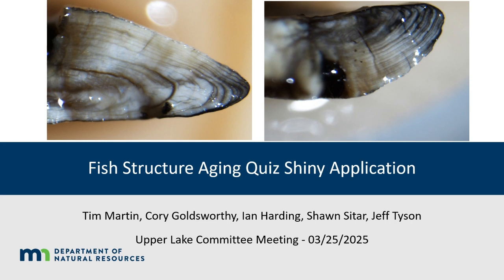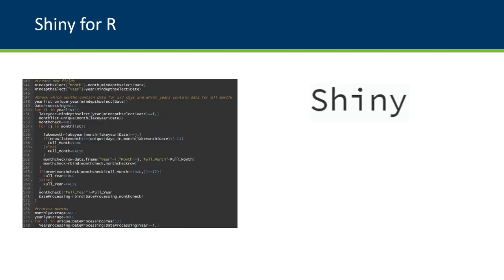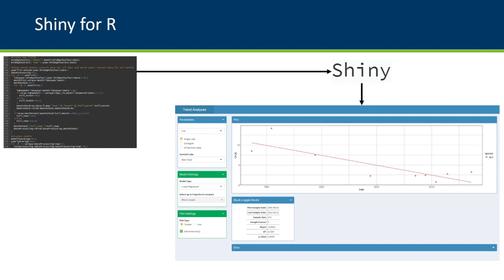I'll talk about what I've used for making this app, and then I'll do a demonstration of it. The app is based on R, for those of you who use that, but on top of R we use a package called Shiny, which turns that R command line code into an interactive web app.